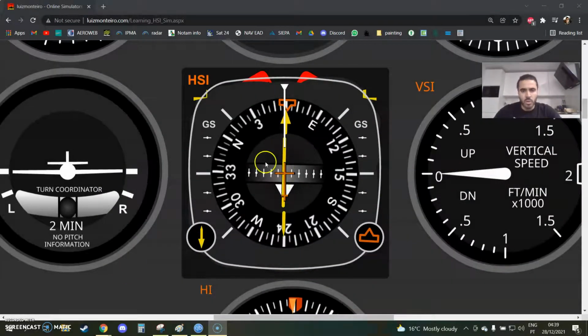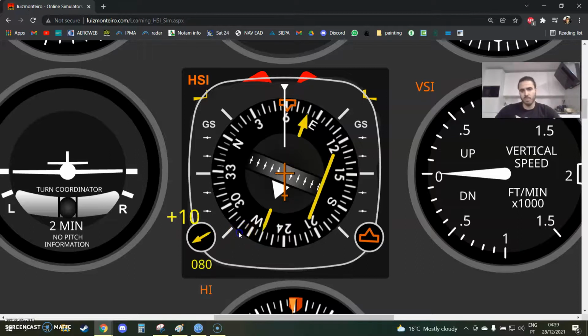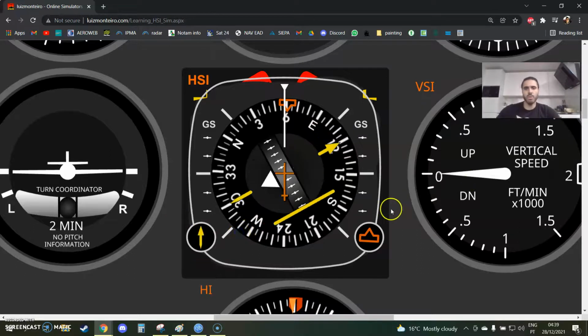So right now I am on radial 060, okay? And let's give another example. Let's say that I want to intercept radial 120. Once again, radial 120 is 060 degrees away from my position, all right?